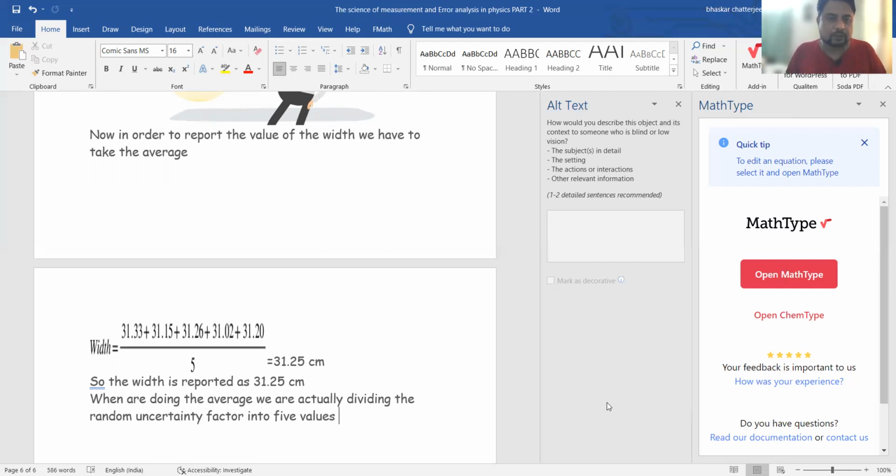It is not the correct value at all. It is the most expected or most probable value of the width of the object. When you measure with an exceptionally accurate instrument, this is the value you can most expect to get, 31.25. Other values that you have obtained during the experiment are deviating from this 31.25.